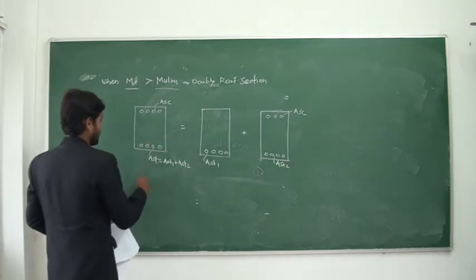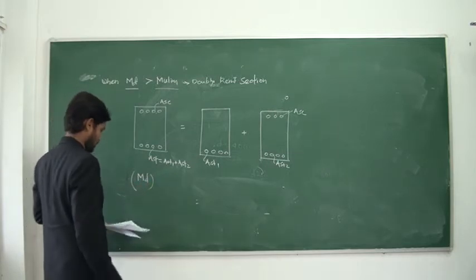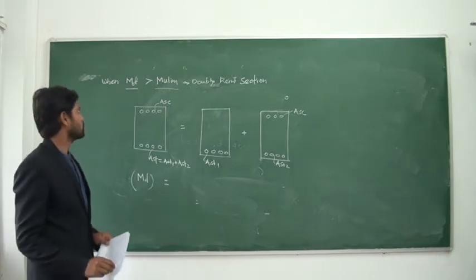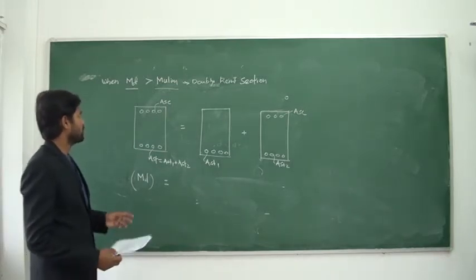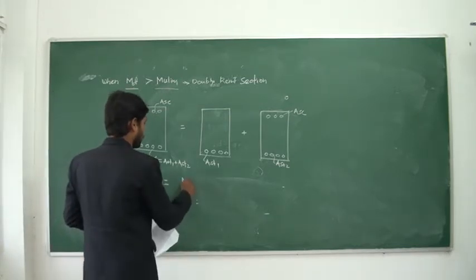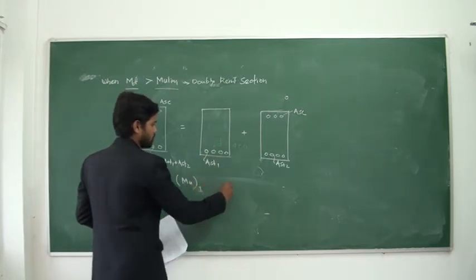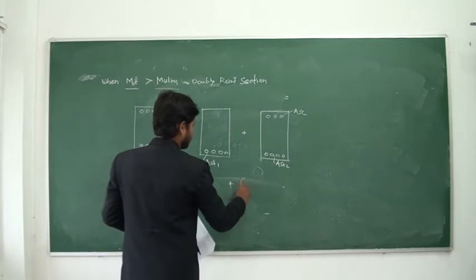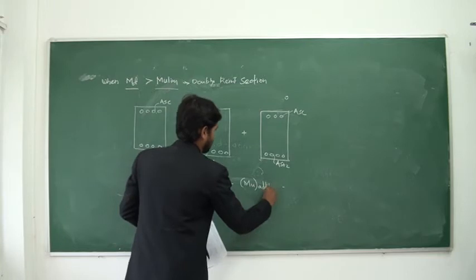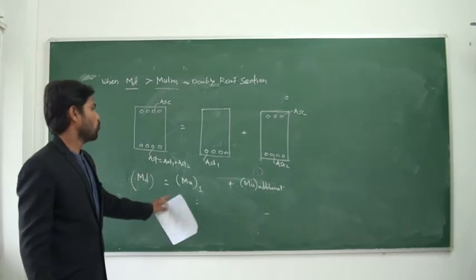So this doubly reinforced section takes a moment of resistance, or bending moment of resistance, equal to this MD, which is a combination of this Mu1, means moment of resistance offered by this particular section, plus the additional moment of resistance offered by this particular section. Mu1 plus Mu additional.